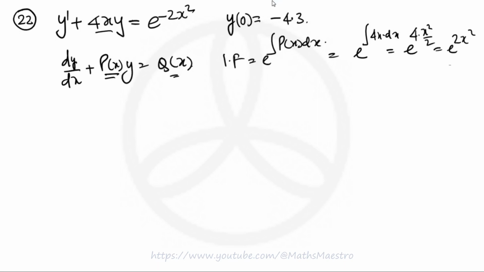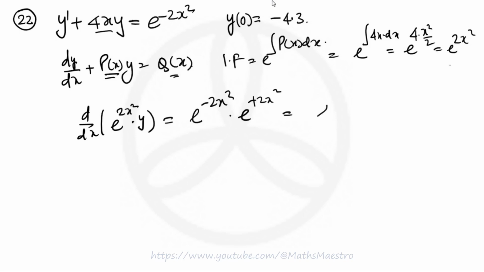So when we apply the integrating factor, we can write the above equation as e^(2x²) y, then this side gives us minus 2x² plus 2x², which is e^0, or this will become 1.